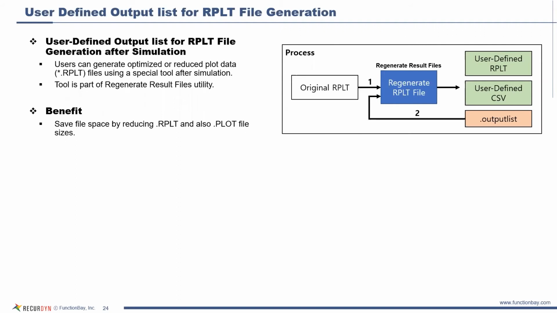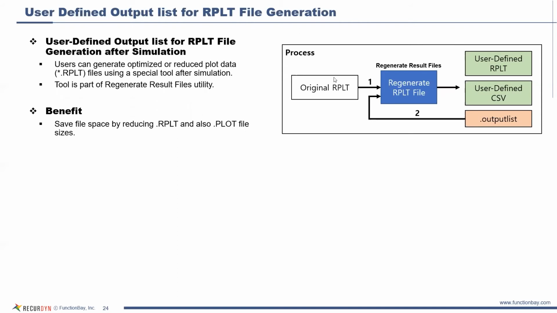This is nice because for certain kinds of simulations, the RPLT files can become very large. So the user can easily select a subset of the results they want to see and free up the data storage for both the RPLT files and the plot files.